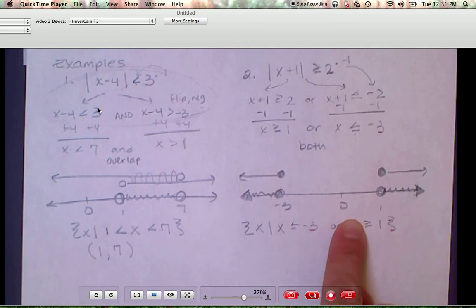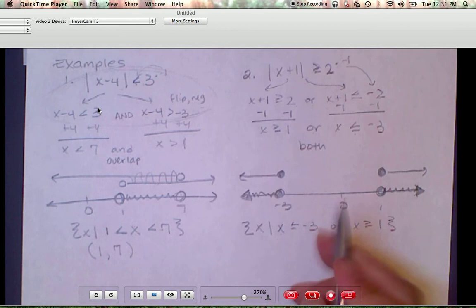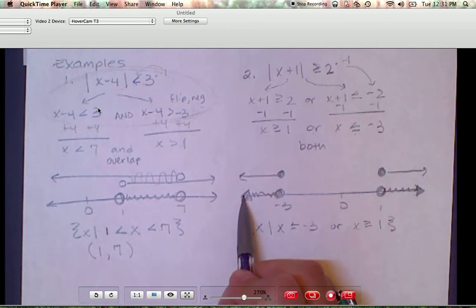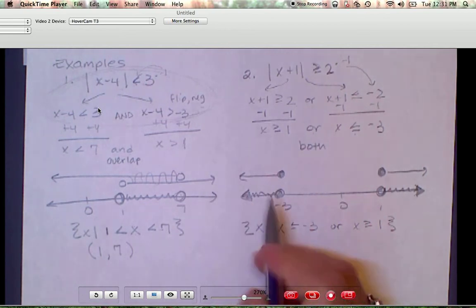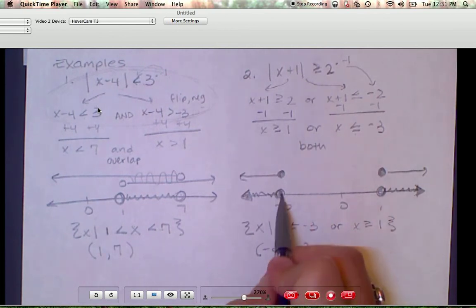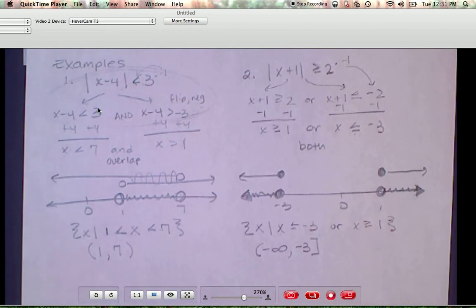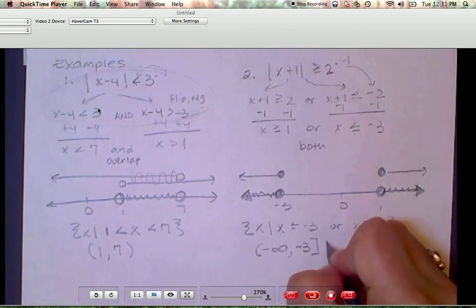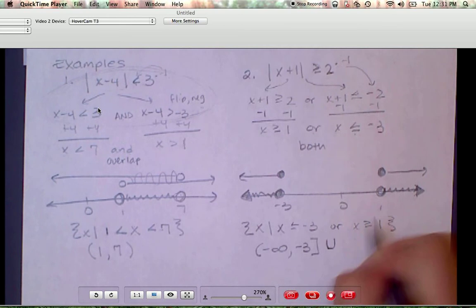Okay. Now interval notation, some people think this one is easier than this one, but the shaded region begins at the left arrow, so that means it starts at -infinity, and it goes to the -3. Now because it's a closed circle, that means we're using a hard bracket. Then you need a union to connect the two together.